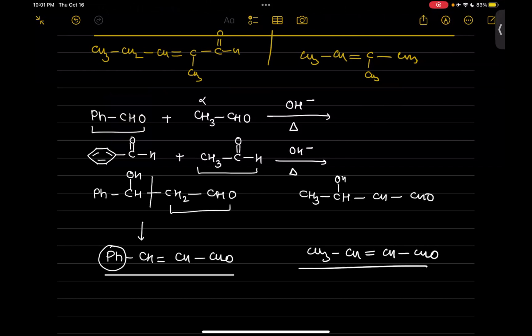The aldehydes or ketones which do not possess any alpha hydrogen will not give aldol condensation. They will give Cannizzaro.